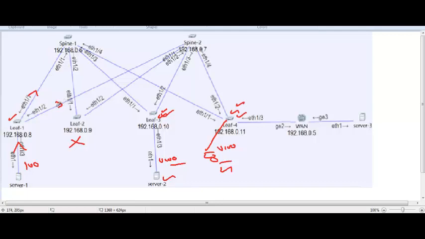It may go via both paths, but it is only 1 destination IP address. So on this link, I'm not going to send 2 copies, only 1 copy. And when it reaches the spine, the spine knows the multicast group members, leaf 3 and leaf 4, so it will forward it to leaf 3 and leaf 4.